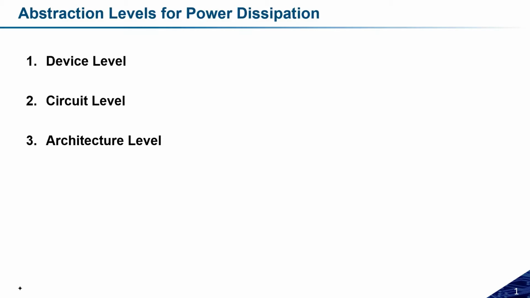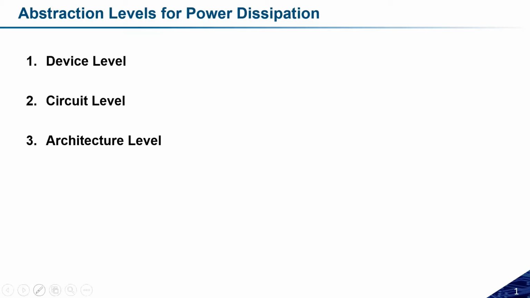So at the architecture level, we can reduce the power by properly optimizing the power in that particular architecture. So a separate block is needed for that particular purpose. Similarly, pipelining and parallelism can also be one of the ways that can reduce the power dissipation. So these are some of the things that could be considered, especially at the architecture level.